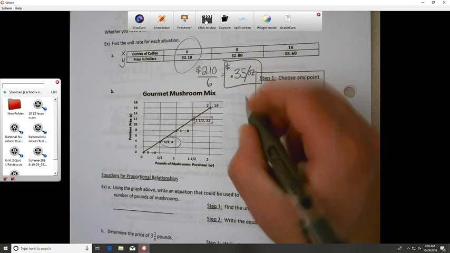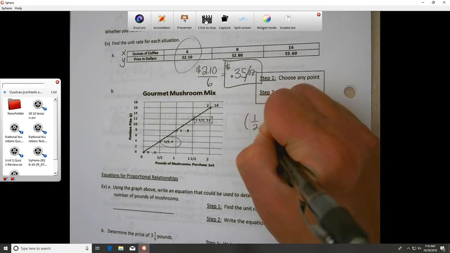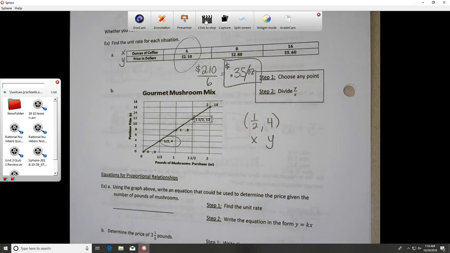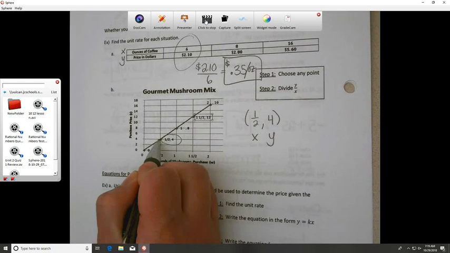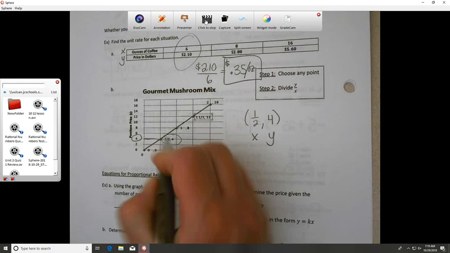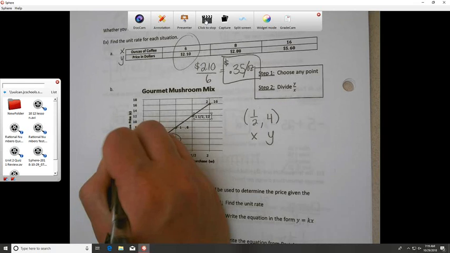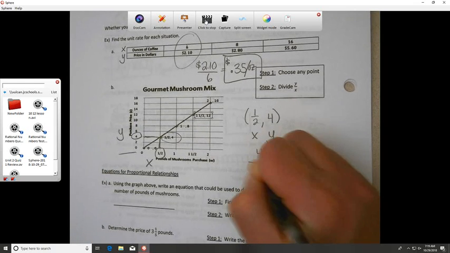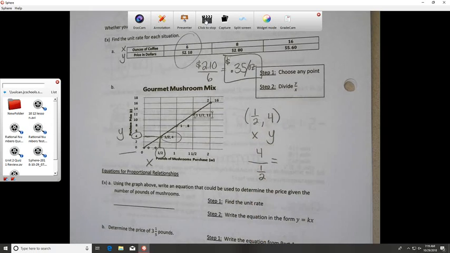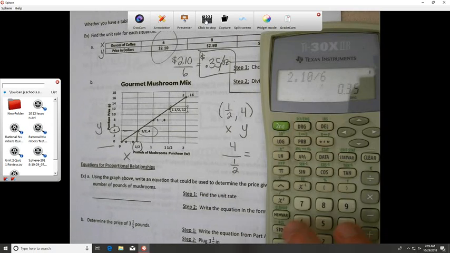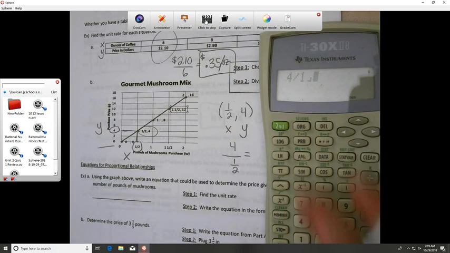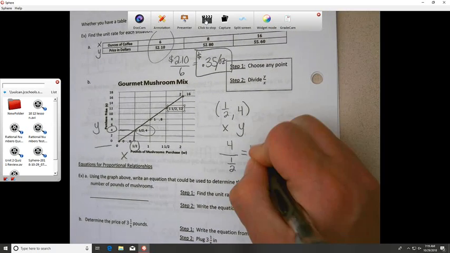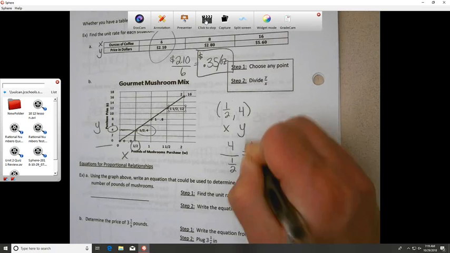If my point is 1/2, 4, this is my x, this is my y. All right, so if I look at this point, the y value of the point is 4. The x value is the 1/2. So you're doing 4 divided by 1/2. And you can just type that right into your calculator. 4 divided by 1/2. And that gives you 8. So our unit rate here would be $8 per pound.